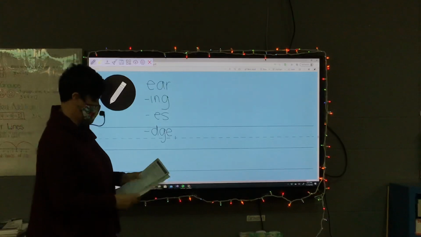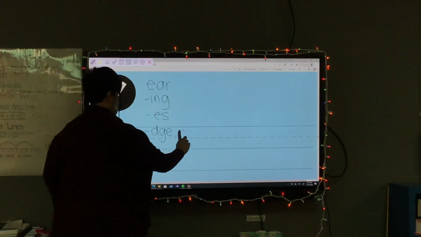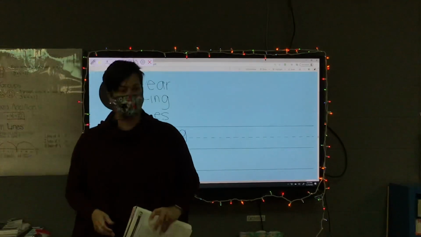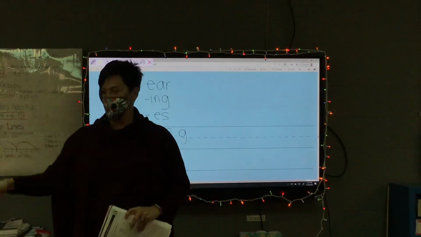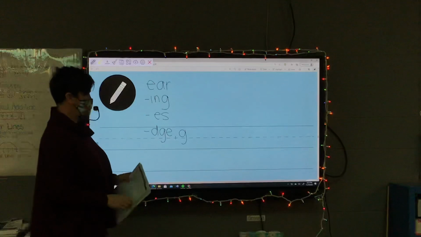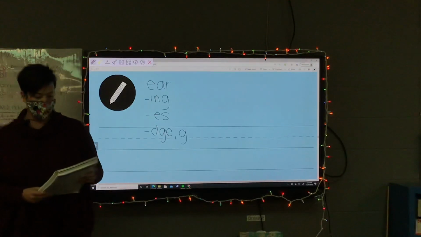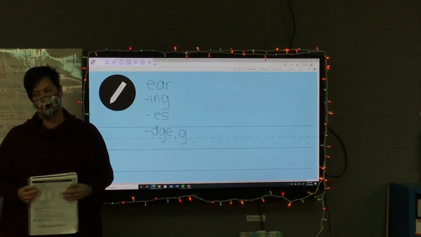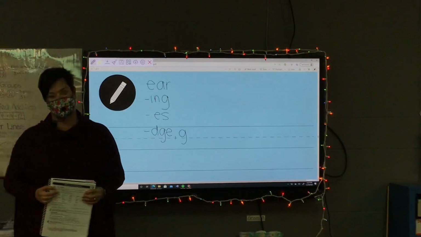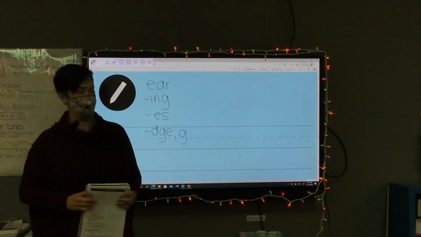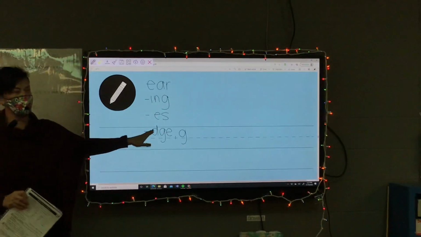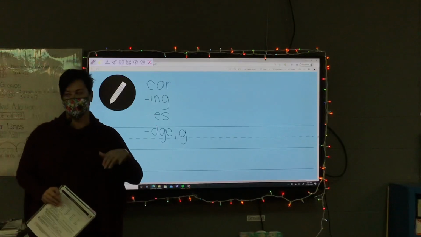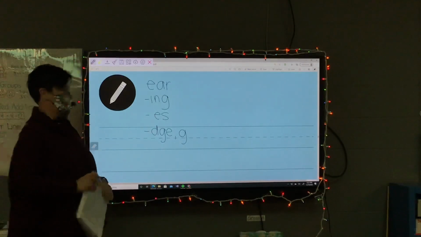G. Just a G. And the third way to write J. Z-E. That we've talked about so far. So we have D-G-E, G. What would our last one be? J. J.